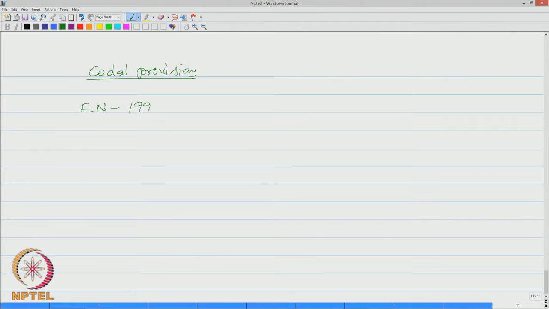EN 1991 allows the load effect to be resisted in case of fire.